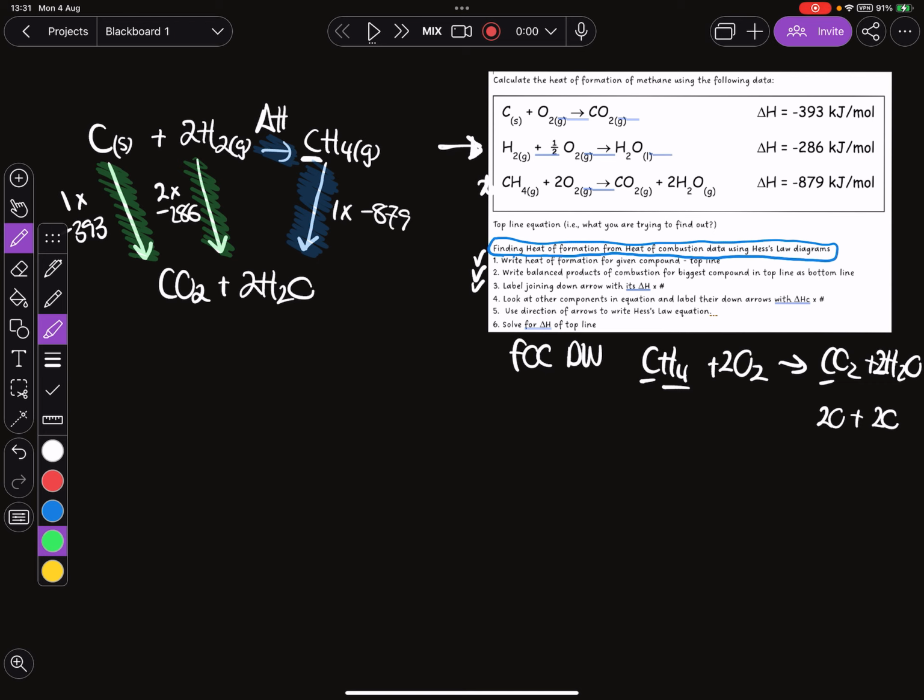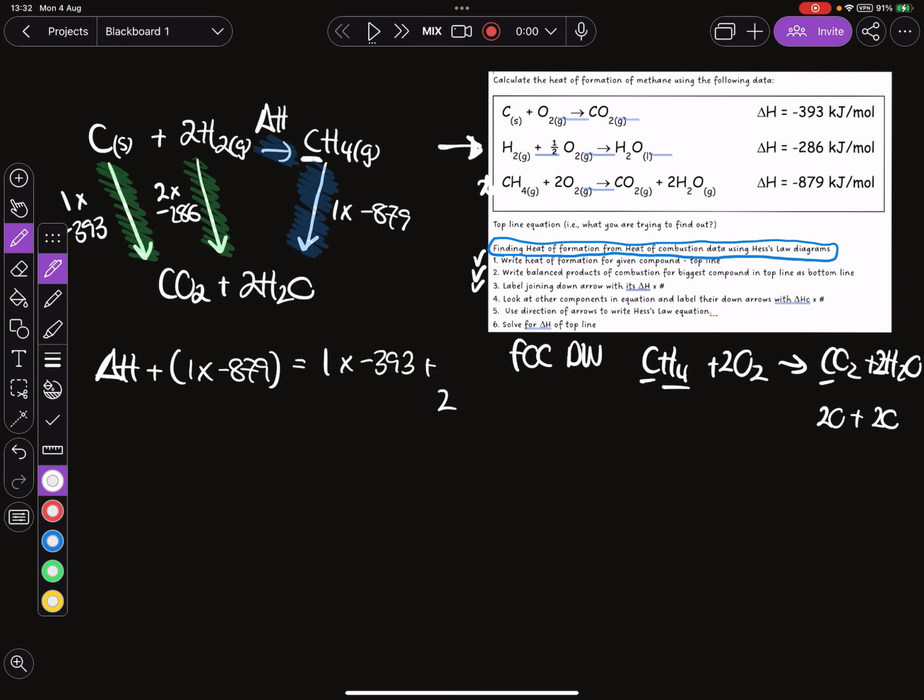So you just need to kind of be aware of that when you're starting to write. So I'm going to go look at the blue part. So it's delta H plus bracket 1 by minus 879, and that's going to be equal to my other two arrows, which are 1 by minus 393 plus 2 by minus 286.